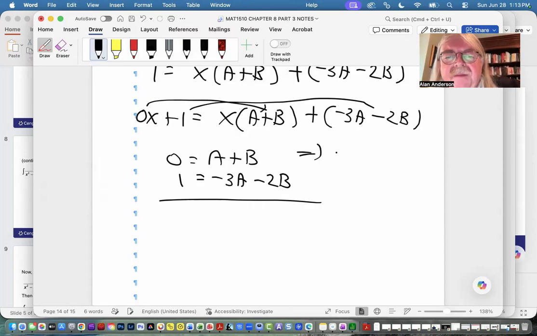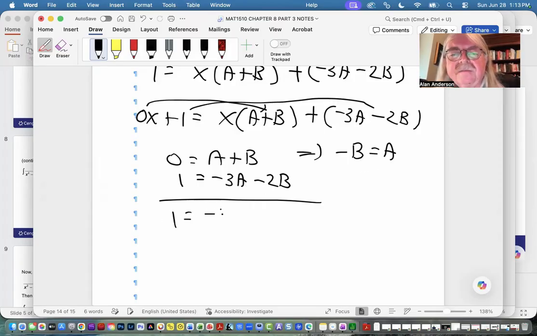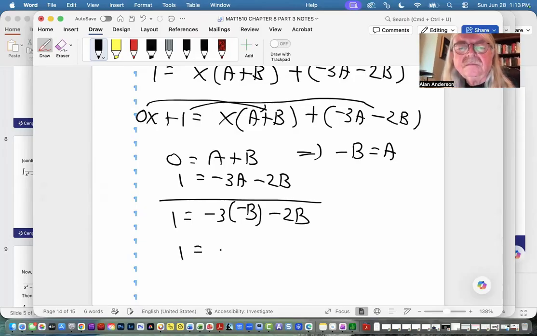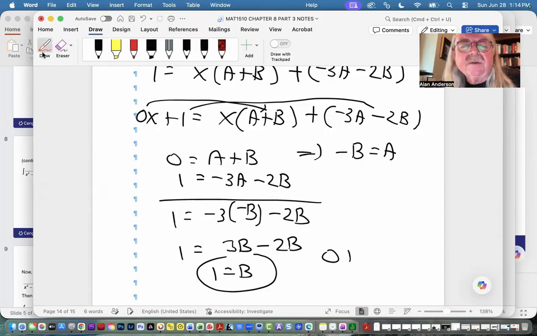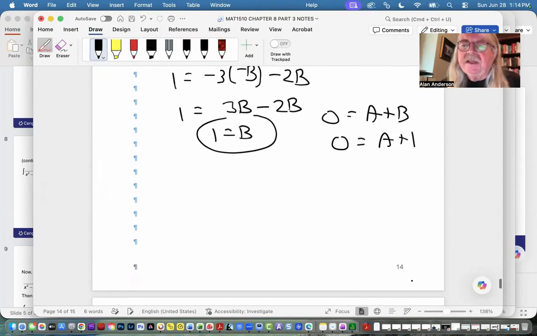What we could do, for example, is up here, this implies that minus B equals A. And then in the second equation, I can replace all the A's with minus B. And therefore 1 equals B. And based on the first equation, we know that A plus B equals 0. And because B equals 1, we know that A must be negative 1.